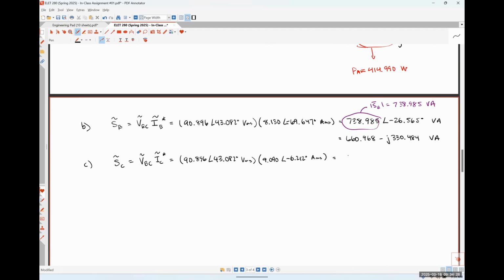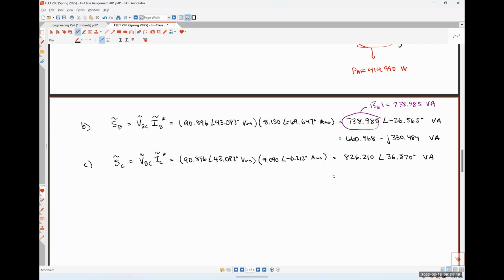And I got that to be 826.210 with an angle of 36.870 degrees, volt amperes.